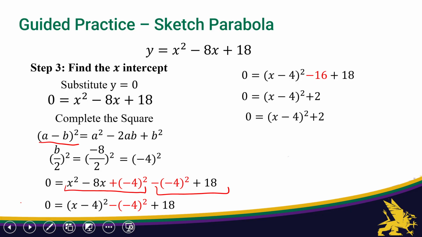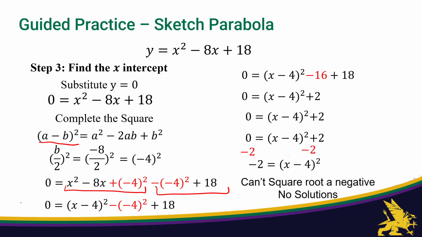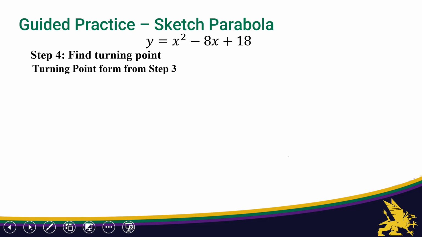So I will take away the 2, and square root. Now, if I square root this, we can't do it, which means there's no solutions, there's no x-intercepts. But we've done a lot of the work for the turning point.